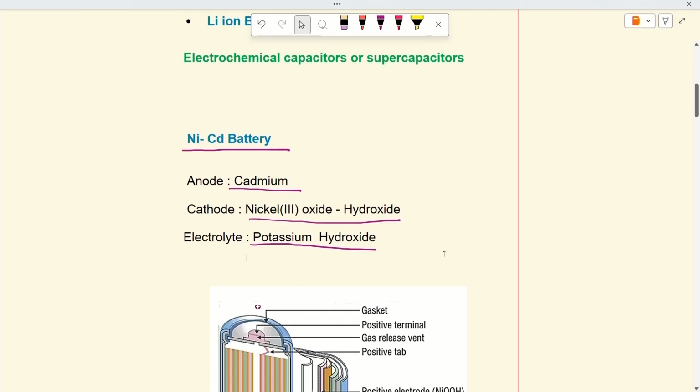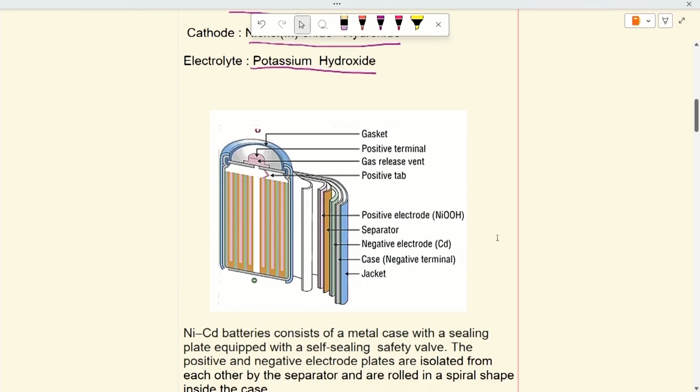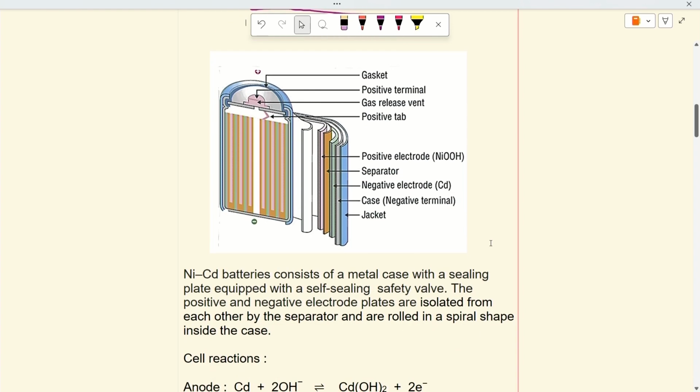Now, this is the cross section of the nickel cadmium battery. It is just like the cylindrical batteries we have, and here you can see this is the outer cover case. Then we have the negative terminal, or the anode, and that is usually cadmium.